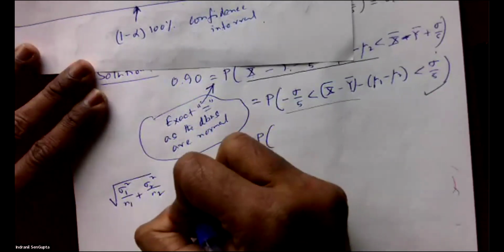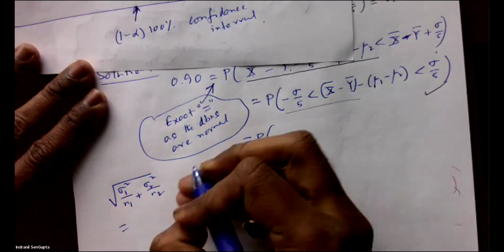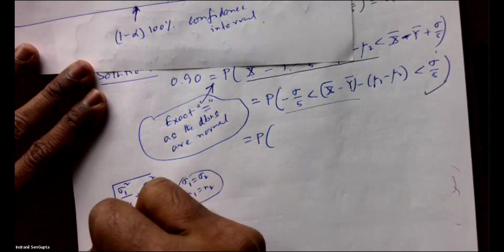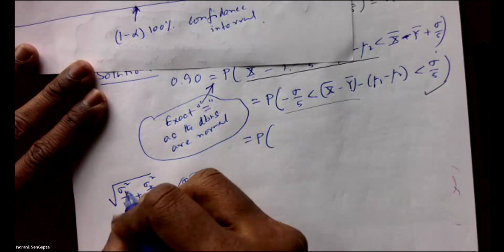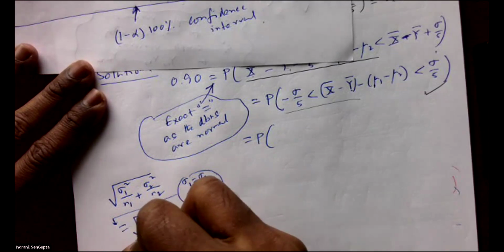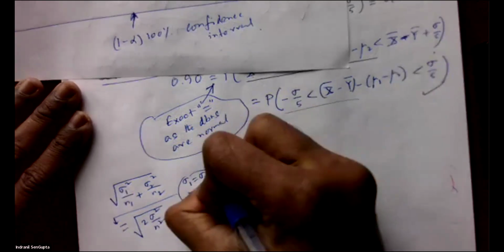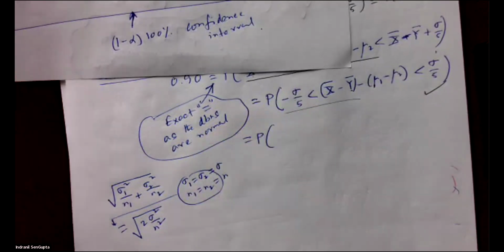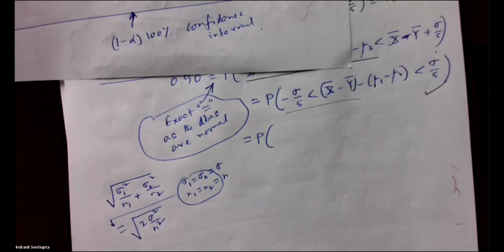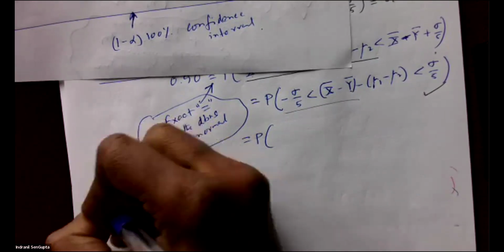In our case, sigma 1 equals sigma 2 and N1 equals N2. So it's basically the square root of 2 sigma squared over N. So what we have is the square root of 2 sigma over N.